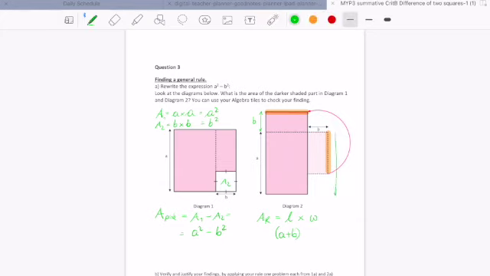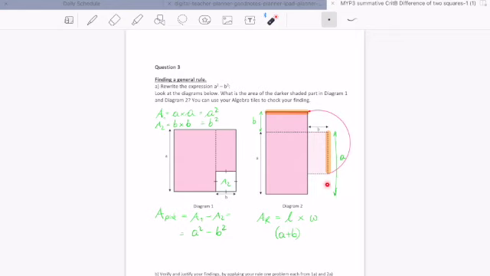This whole length here is A. But we don't want that whole length. We just want this part here. So what is this part here? Well, it's this tiny little bit shorter than A.